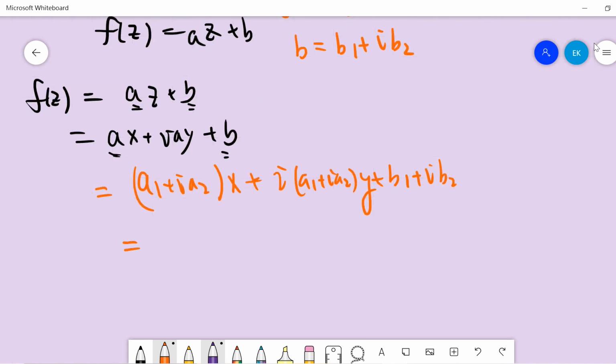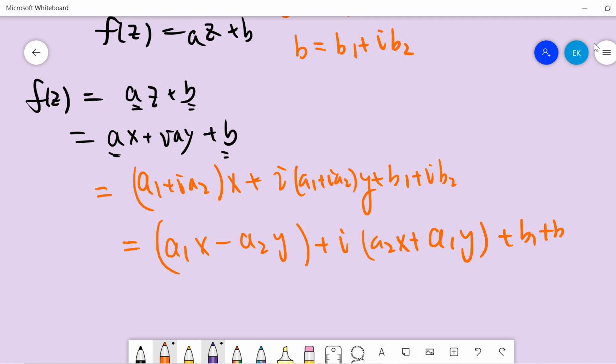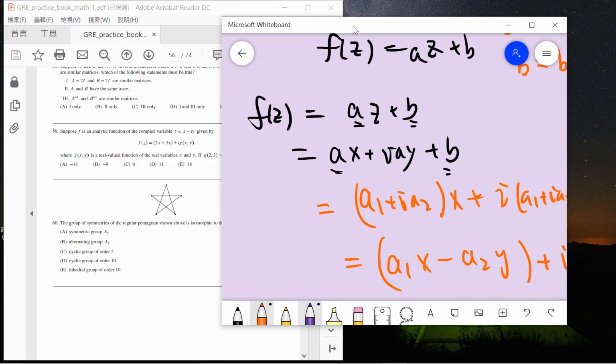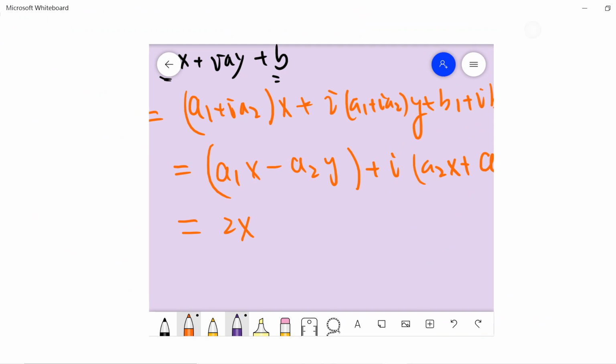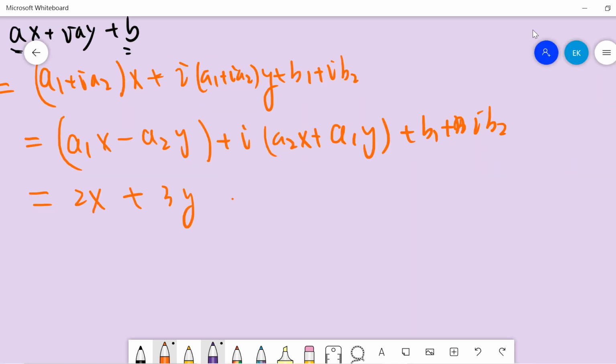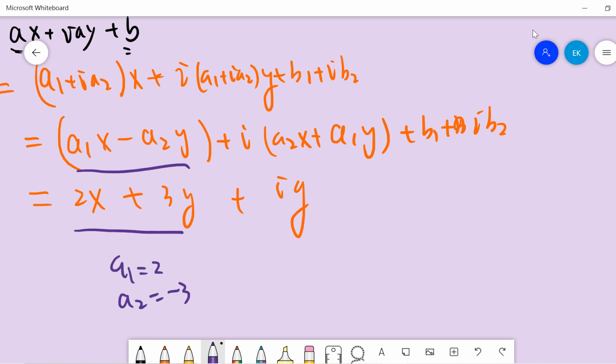So we have a1x minus a2y plus i(a2x plus a1y) plus b1 plus i b2. And then this is the same as 2x plus 3y plus ig. So a1 is 2, a2 is minus 3, and this is g.